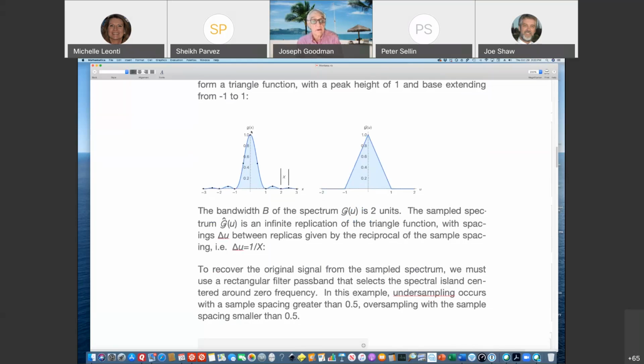If I sample g of x with sample spacing x, whatever x may be, the sample spectrum, which I'll call g hat of frequency variable u, is an infinite replication of triangle functions with spacing delta nu between those replicas, given by the reciprocal of the sample spacing. That is, the separation of these triangle functions is 1 over the sampling interval.